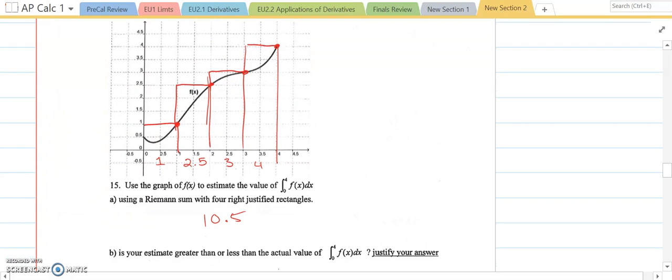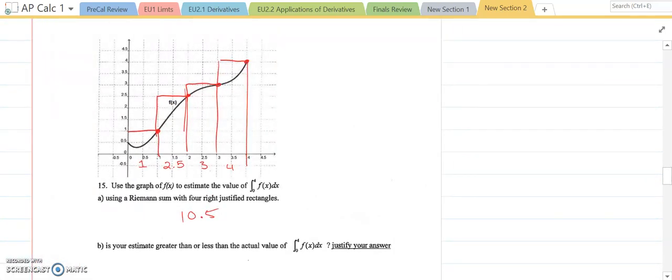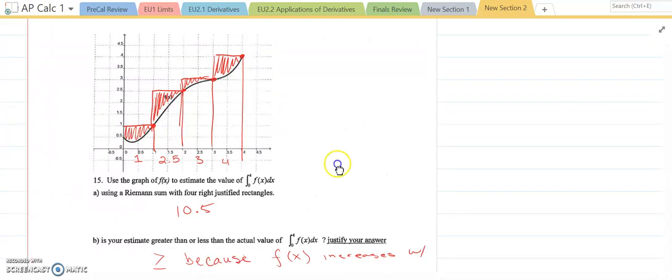Letter B, it says, is this estimate greater or less than? Well, just check this out. Right here, you're overestimating by this amount. Overestimating the actual value every time by looking at this particular amount of space. Definitely greater than, and it's because f of x is increasing with right justified rectangles.